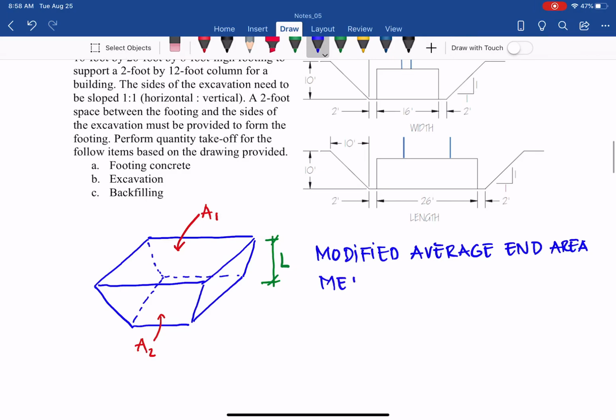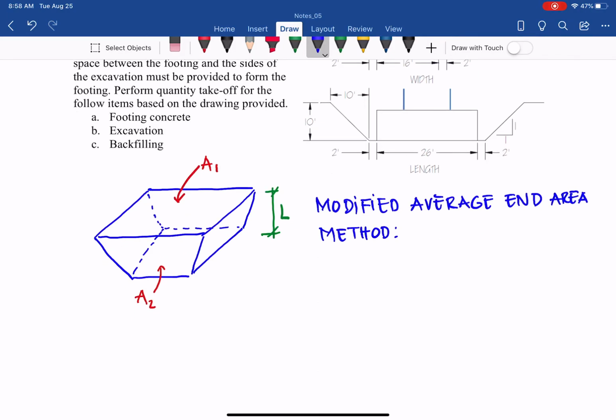How to determine the volume of this prismoidal shape, V, the volume: it equals L over 3 times A1, the area of the top, plus A2, the area of the bottom, or vice versa, and then we modify it by adding the square root of A1 times A2.